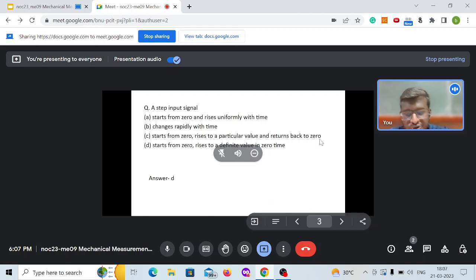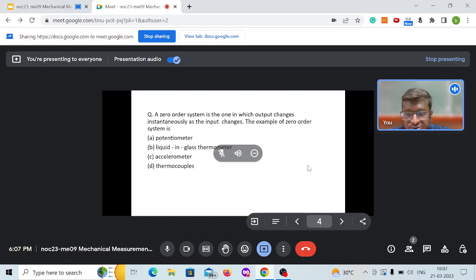When you put in your temperature measuring instrument, the temperature suddenly changes from the room ambient temperature to the beaker's temperature. That is the sudden change, and that is a step input. If you get a sudden value change that remains constant throughout time, that is a step input signal. So answer D.